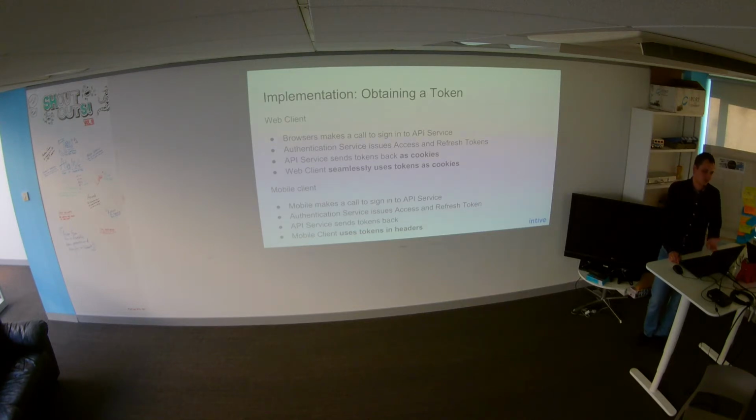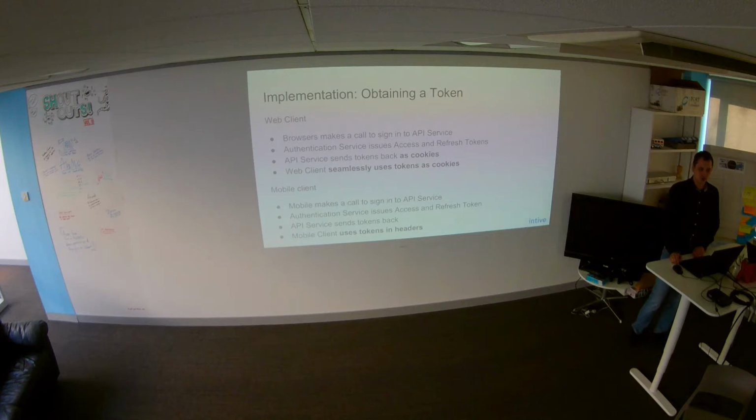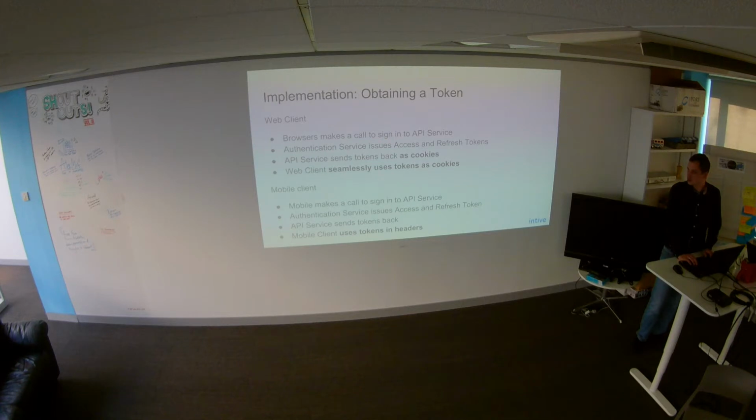I mean, the JavaScript Angular-based application doesn't even know they exist under the hood. For mobile, we decided to send the token still in the headers. So there are 2 different flows here, and mobile has to care about token refresh. About token refresh a bit later.